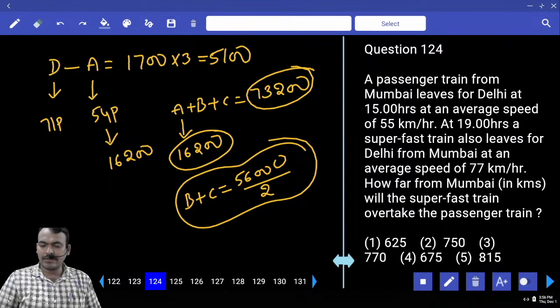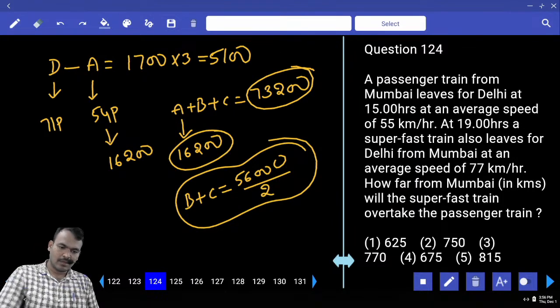A passenger train from Mumbai leaves for Delhi at 15 hours at an average speed of 55 km per hour. At 19 hours, a super fast train also leaves for Delhi from Mumbai at an average speed of 77 km per hour. How far from Mumbai will the super fast train overtake the passenger train?